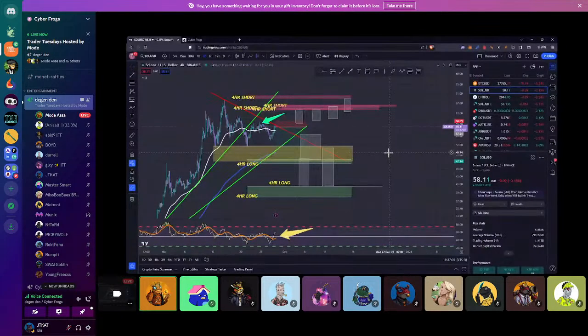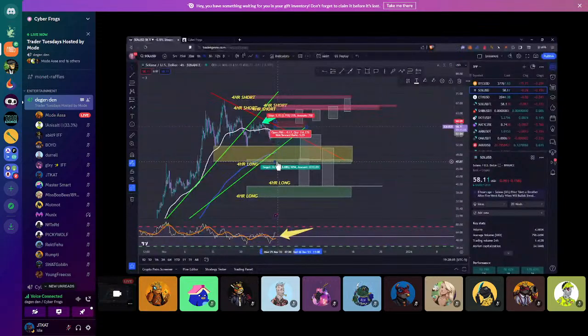So what I would do is I would take probably 50% of my position in profit here. If the trend is going down, I don't want to close my entire trade. But closing 50% of my position here gives me that profit in my pocket. And then, let me move this just to clean it up a little bit.